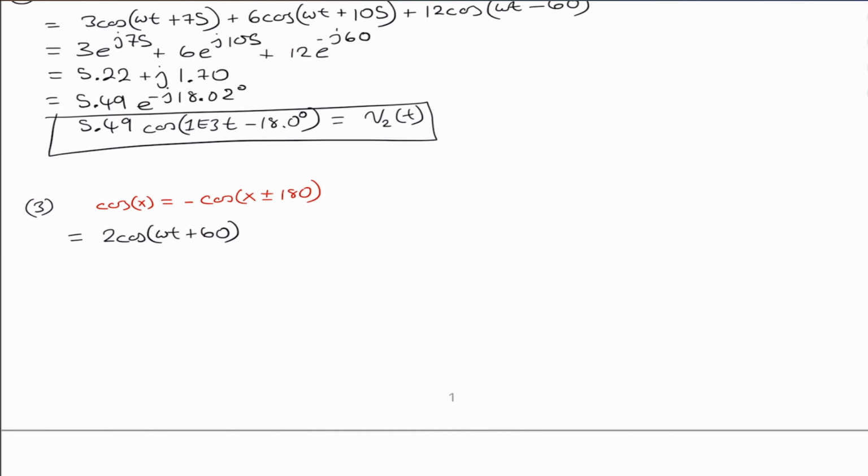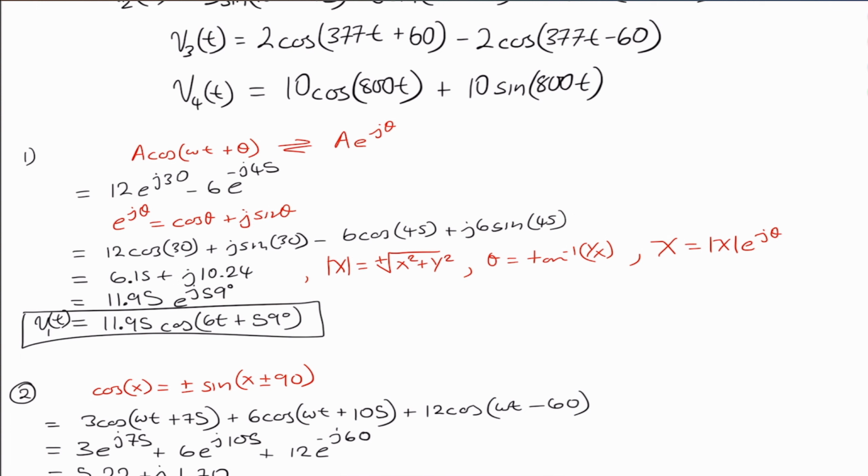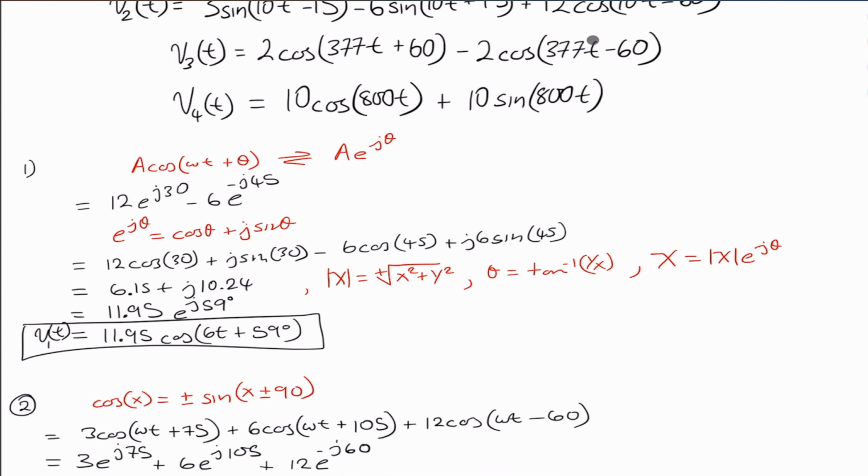So our negative 2 cosine is changed to a positive 2 cosine with an angle of 180 added to the minus 60. So we then end up with 120. So here, to change it to a positive cosine, we add 180, and this goes down to 120, change over to a positive cosine.